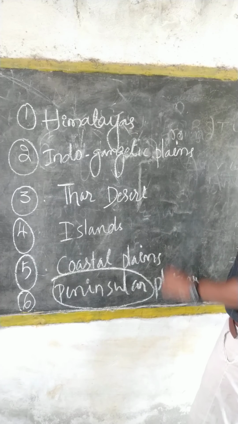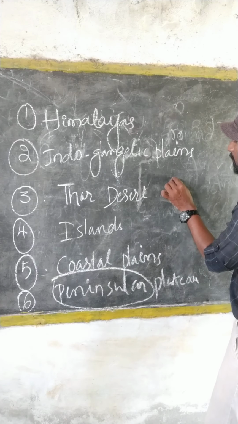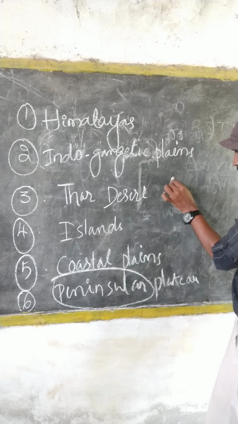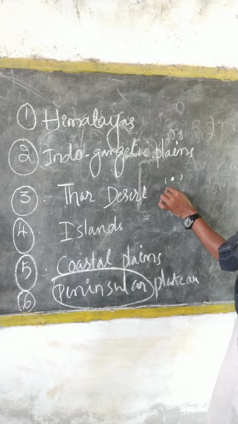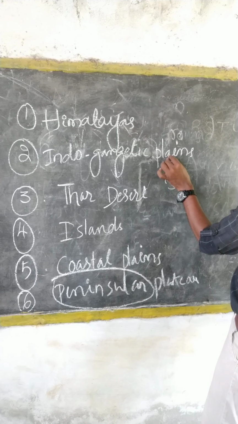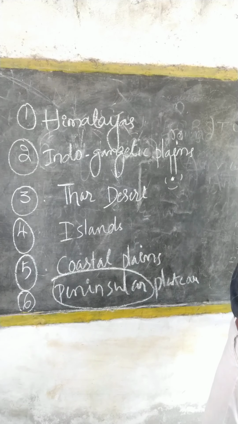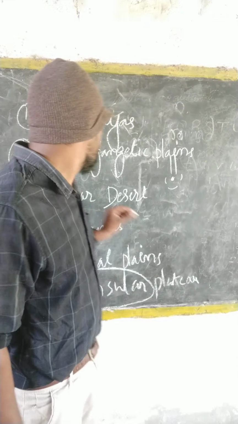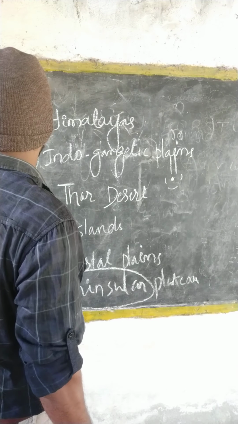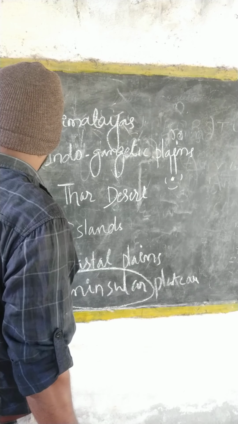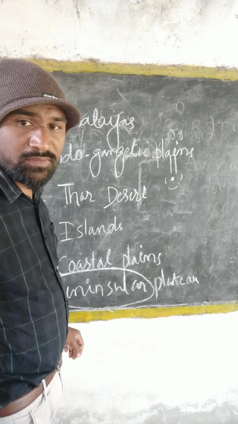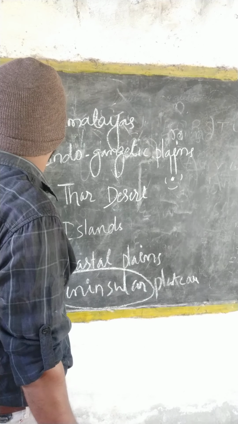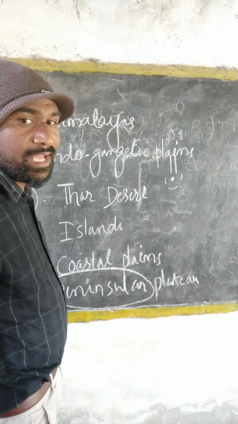for example, one object is here. This object is surrounded on three sides by water and one side is open land. That is known as a peninsula. So here, one object, the west side, east side and south side are covered with water and only the north side is open land.